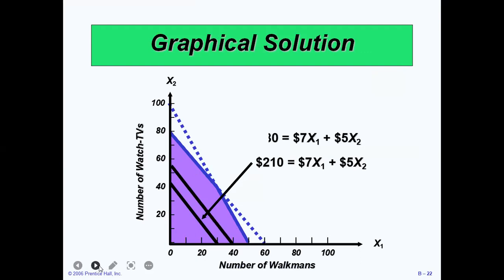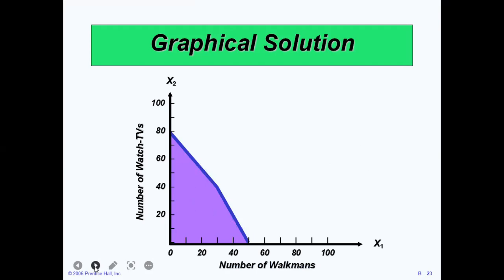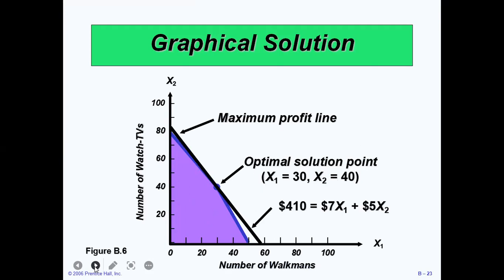This is the iso line. Optimal solution is obtained at point x1 equals 30 and x2 equals 40. This is the maximum profit line. Maximum profit is $410.